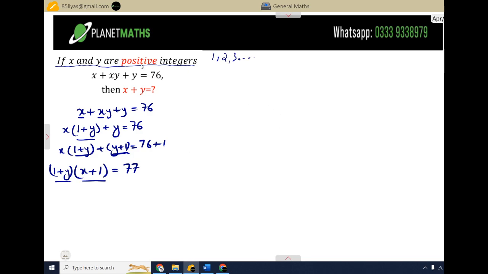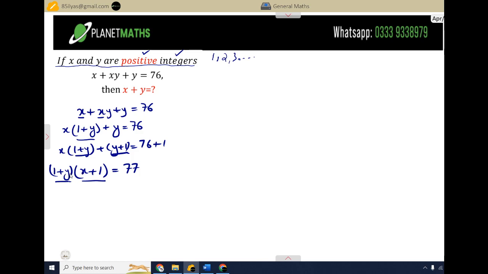Now you know that we have x and y, which are positive integers, right? So here the value of x and y must be greater than or equal to 1.